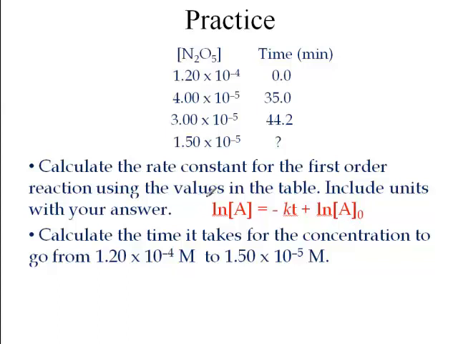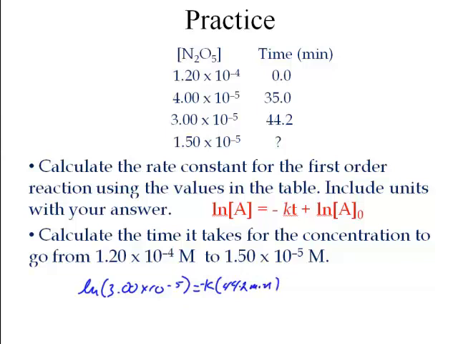I'm just going to pick some numbers here, these two numbers right here. So the natural log of 3.00 times 10 to the negative fifth equals negative k, I forgot that, times 44.2 minutes.